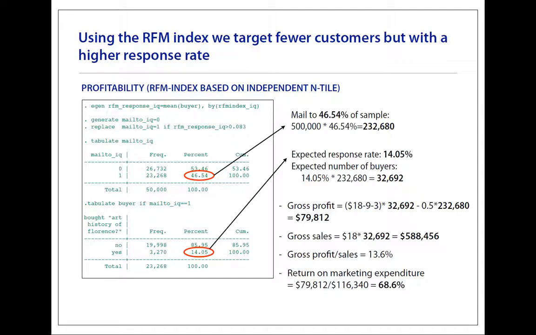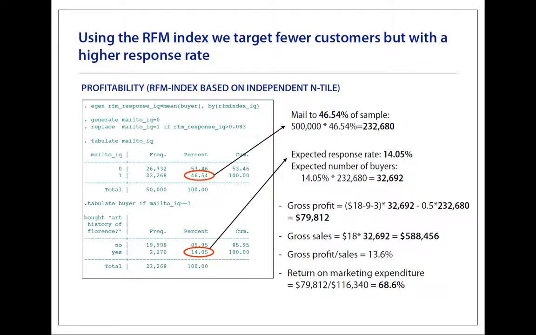And then among those customers that I targeted, the 46.54%, it's basically 232,680 customers, and how many of them bought?